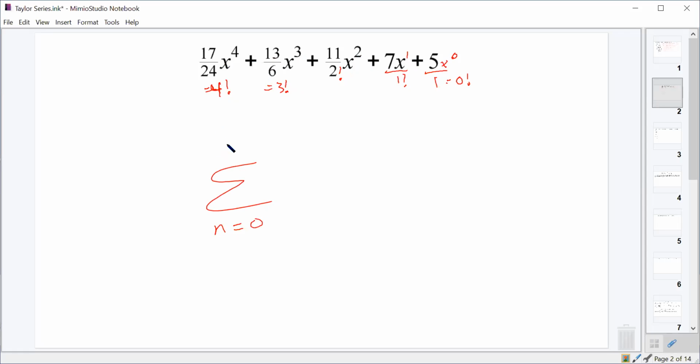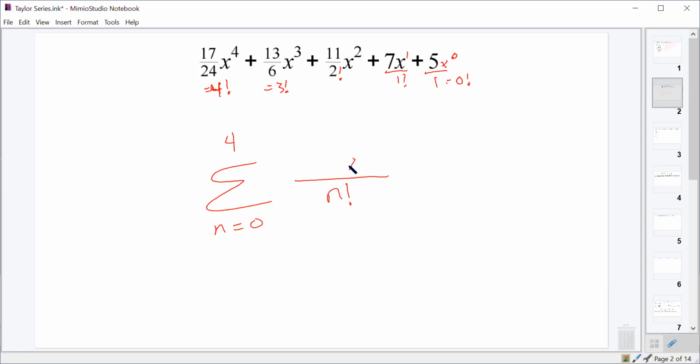How far are we going here? To the 4th term, right? n equals 0, 1, 2, 3, 4. In the denominator, what do we have? Of each of these terms, in the denominator we have n factorial, don't we?